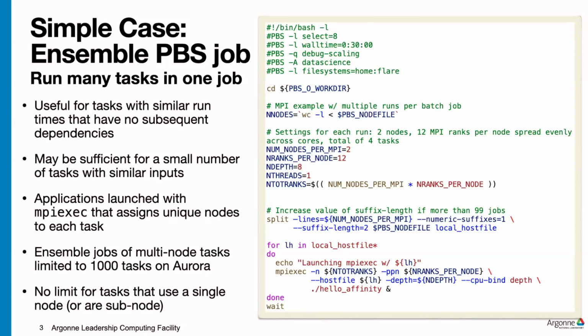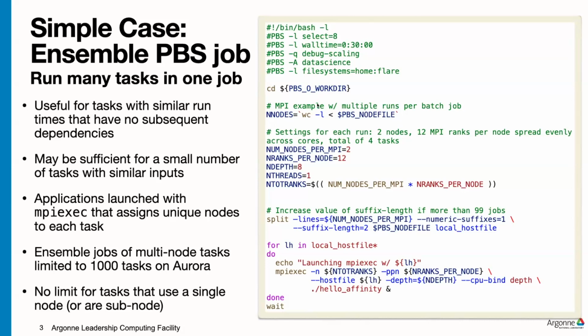So in a case like this, what you can do is use mpiexec to assign your application instances to specific nodes within your job. And this is one example of how to do this. Now, depending on the particular shape of your workload, it might look different.